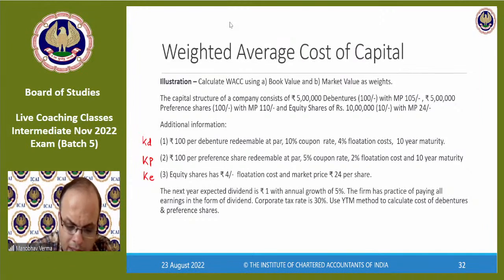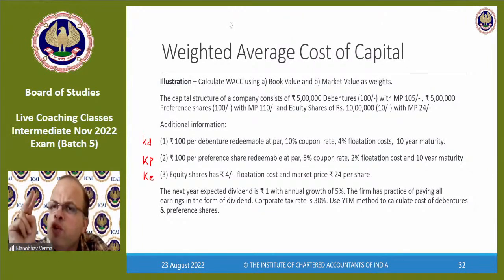So guys, right now it is a YTM method. Anyone remember how do we calculate the YTM method, cost of debt or preference stock? We talked about two rates. Am I correct? Positive NPV and negative NPV. I hope you guys remember that.